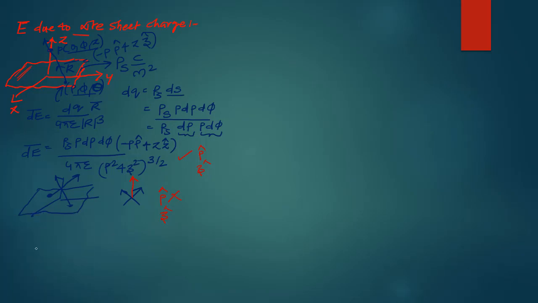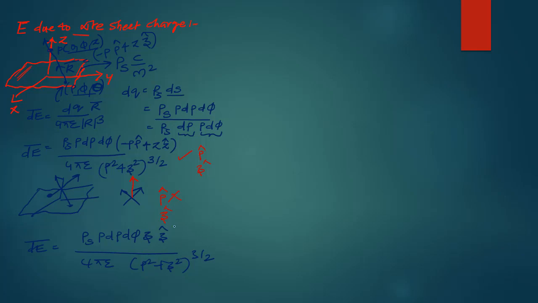So I can take dE bar is equal to rho_s rho d rho d phi, I am eliminating the rho component, writing only the z component, by 4 pi epsilon, (rho square plus z square) whole power 3 by 2. Now the variables are rho and phi.